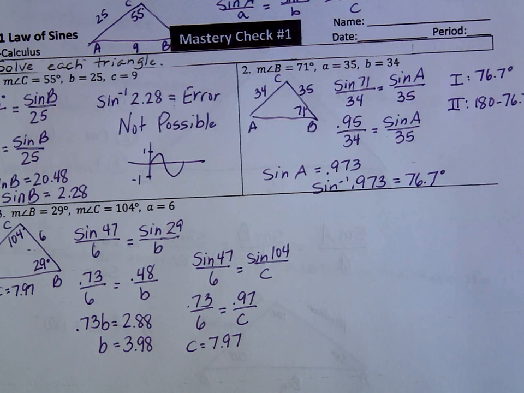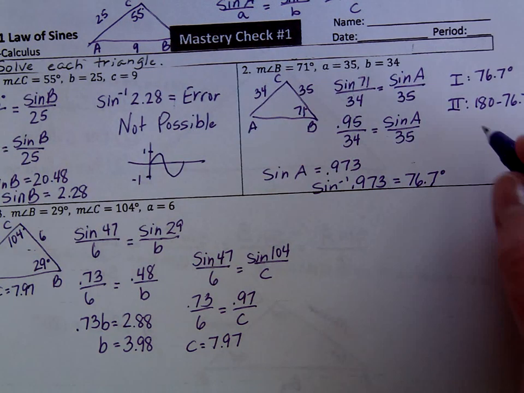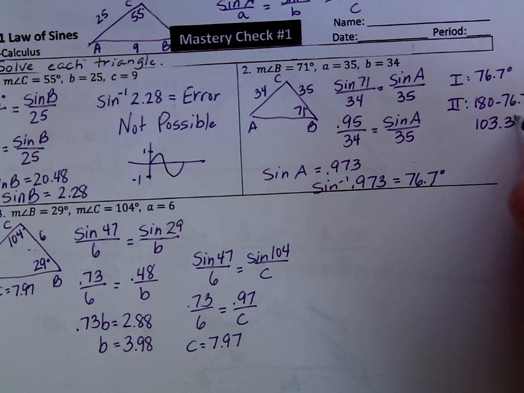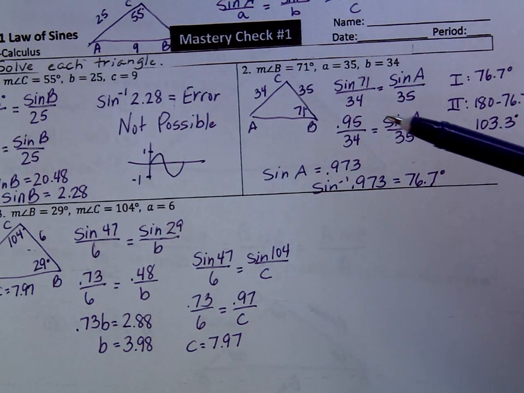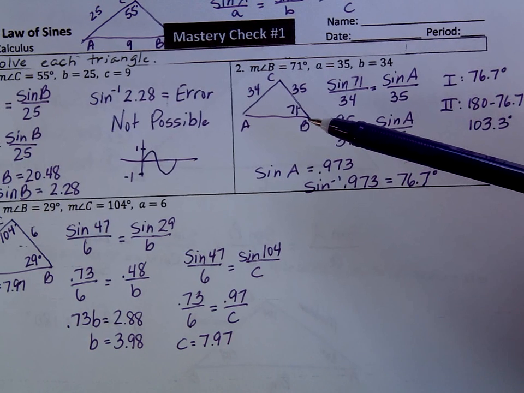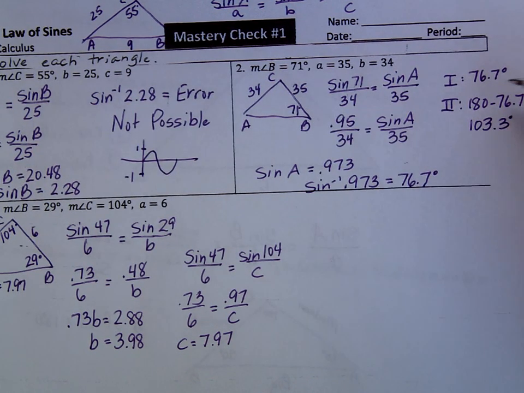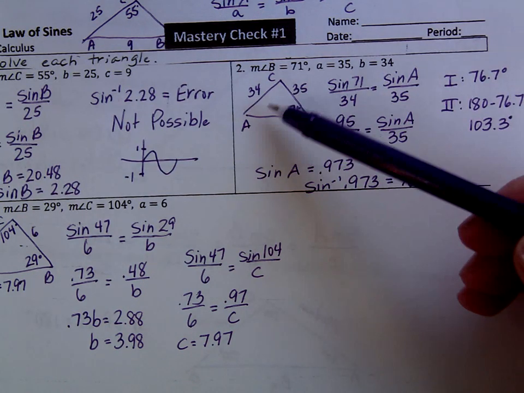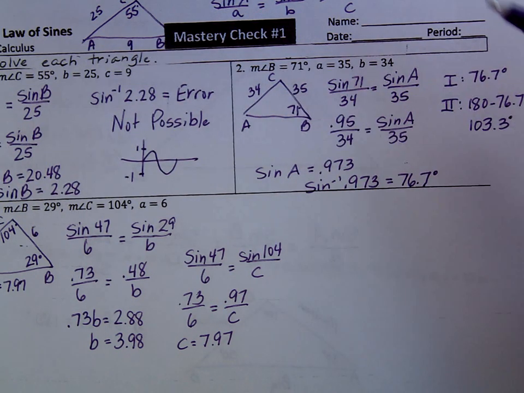Okay, so if I take my calculator and I do 180 minus 76.7, I get 103.3 degrees. So think about what you already have in your triangle. You already have a 71 degree angle. Could it be that this other angle, angle A, is 76.7? Would that leave us enough for a third angle? And if you just roughly think about it, that's probably about 147 degrees.